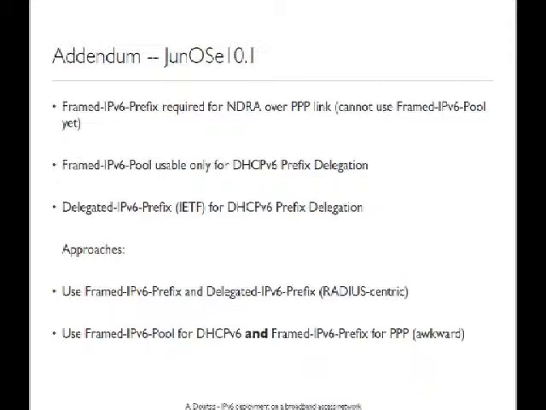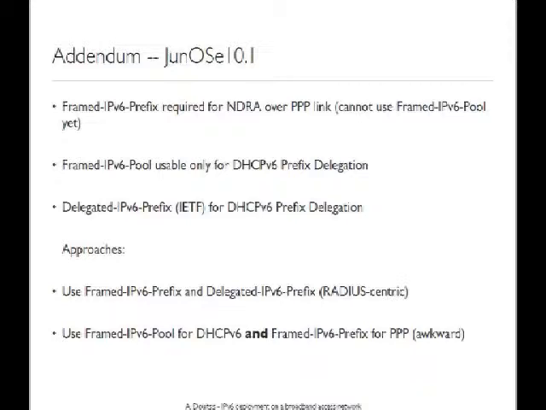It's quite interesting because, see here, the Framed-IPv6-Pool attribute, which is the IETF attribute, is usable to implement DHCP prefix delegation. So this is quite good. Of course, there is also the Delegated-IPv6-Prefix. This is also an IETF attribute, and this can be used to explicitly define the IPv6 prefix that is going to be used for DHCP prefix delegation.